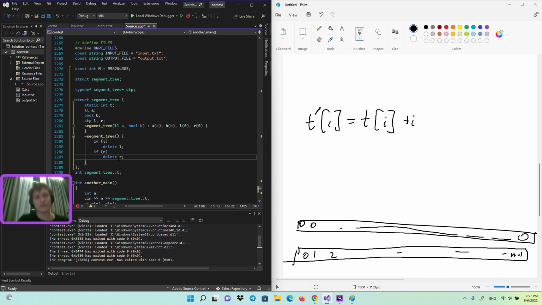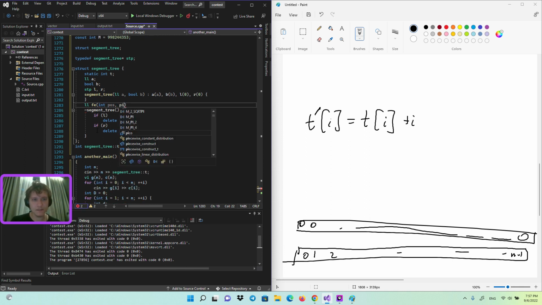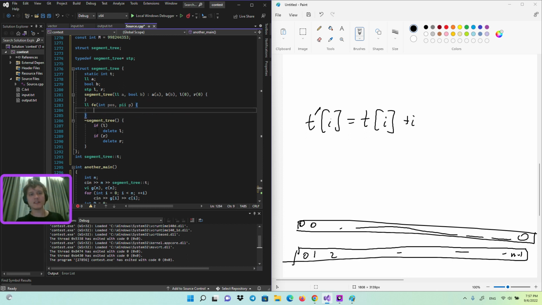Next we have to perform the operations. What are the operations? First of all, we have to find an element. It's Fe, and we take the position, and we take this pair of ints P, which will be explained later.